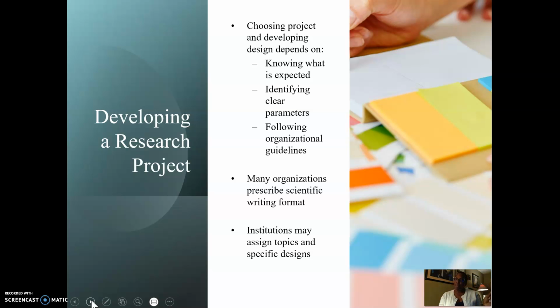For example, if you choose to do a project that involves human subjects, there is an approval process at the college that is needed to begin that form of research. Also recognize that many organizations prescribe scientific writing formats, and the institution you may be working with or who's sponsoring your research may assign the topic and the specific design or methodology.